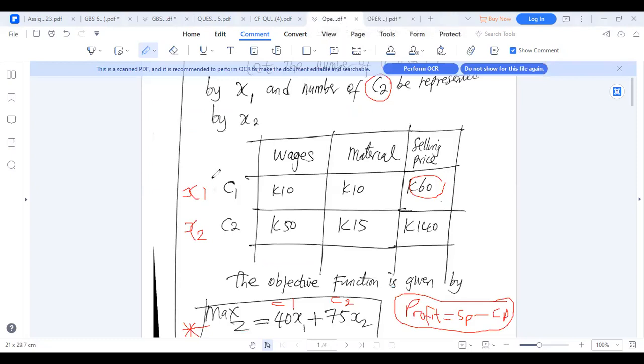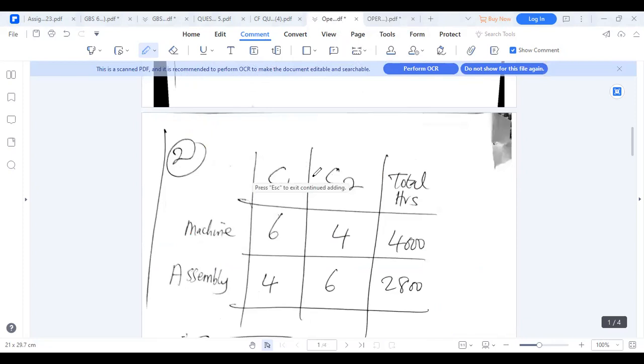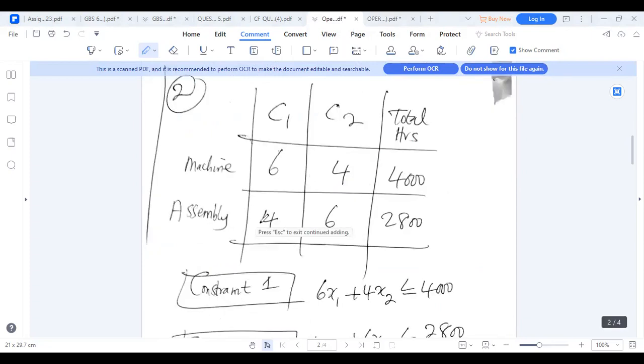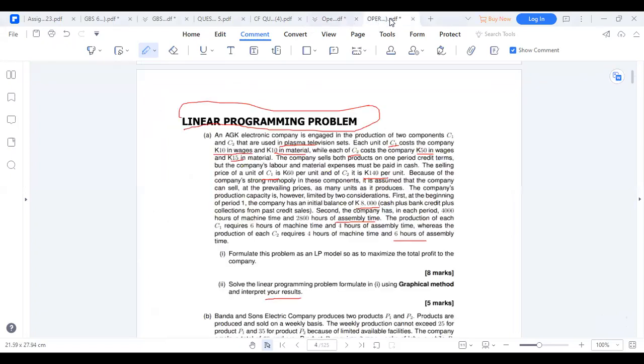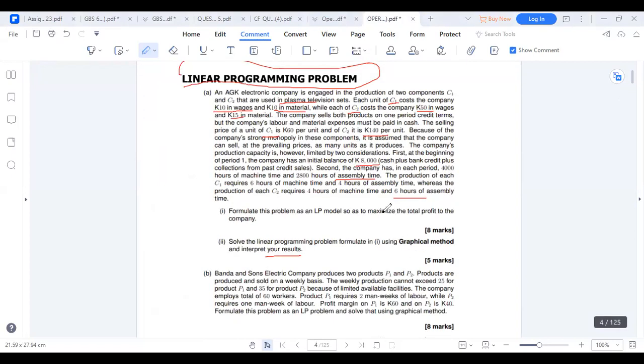So the total number of hours we have here. C1 requires 6 hours of machine time and 4 hours of assembly time.